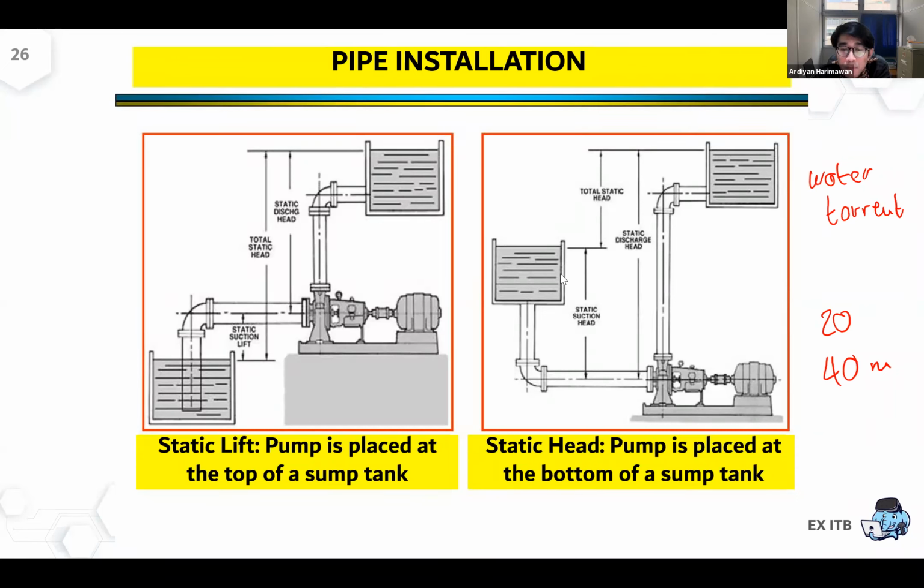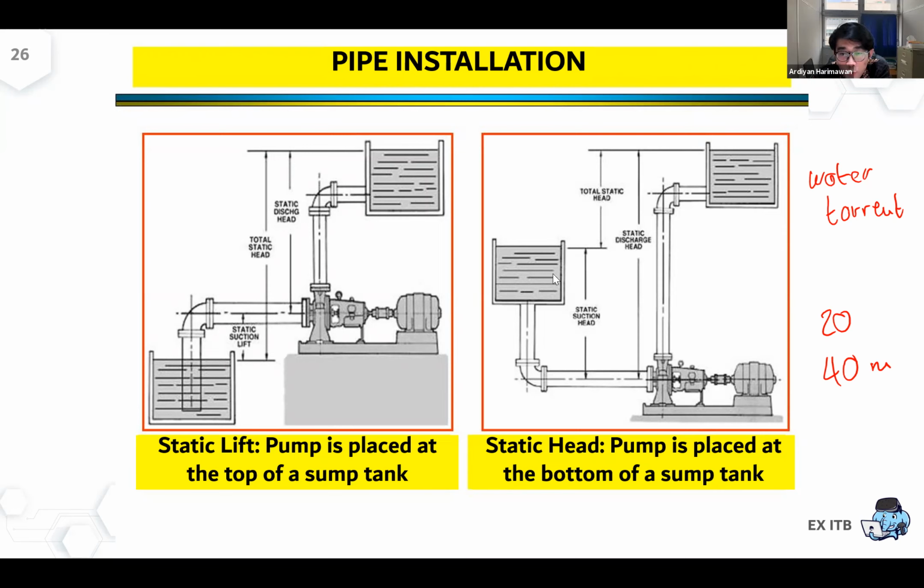But sometimes the potential energy is not enough. So when it flows naturally, the flow in the bathroom is not high. I mean, you may not get the velocity as much as you want. So sometimes people install a pump as well to increase the energy.